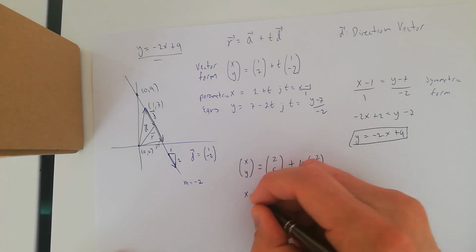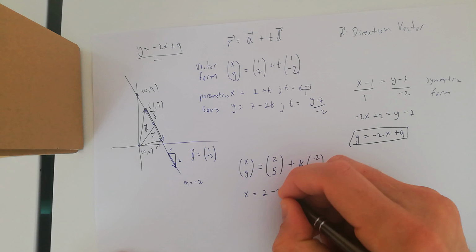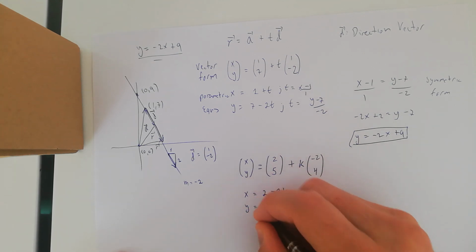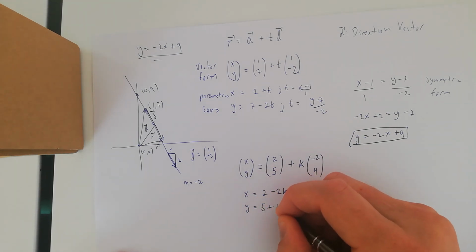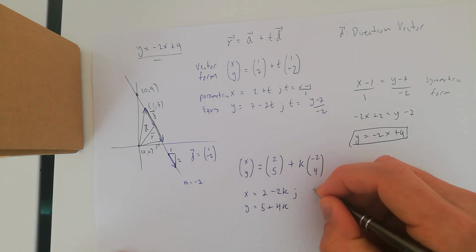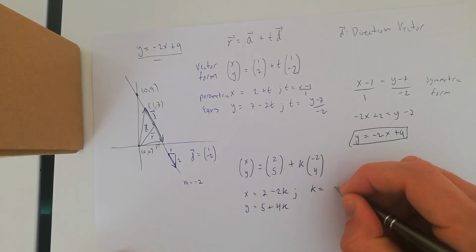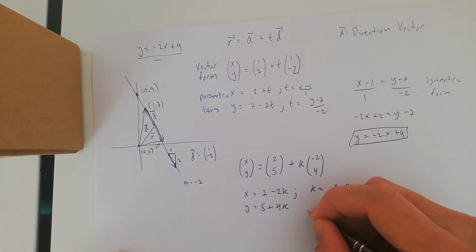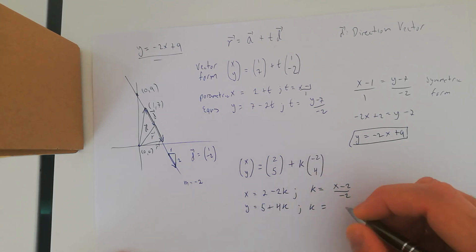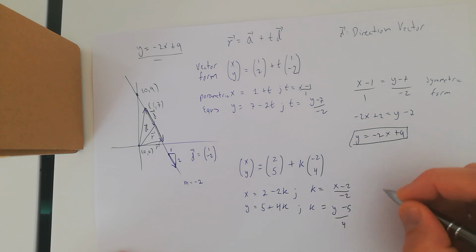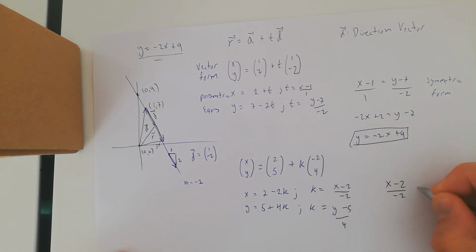So from here you can see that x is equal to 2 minus 2k, y is equal to 5 plus 4k. From here you can see that k is equal to x minus 2 over minus 2, and k is equal to y minus 5 over 4. Equaling the right sides, we get x minus 2 over minus 2 equals y minus 5 over 4.